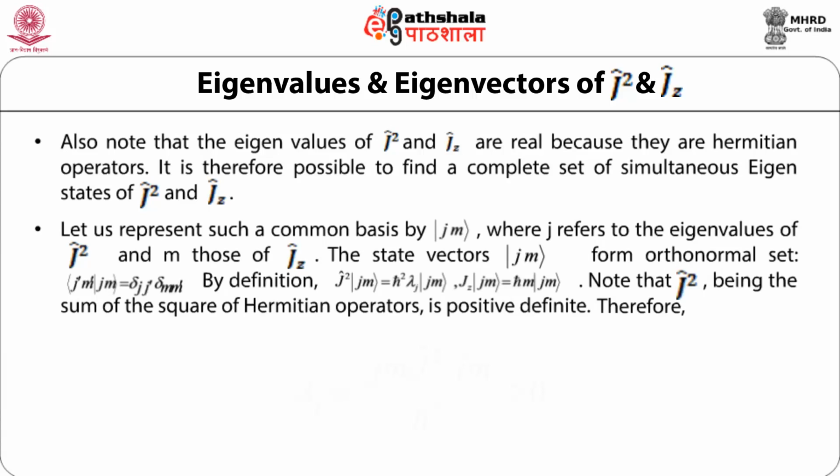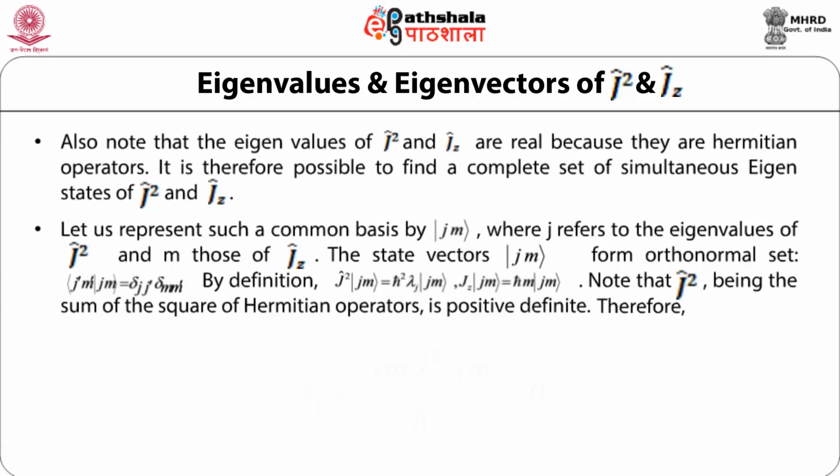So let us now represent such a common basis by the state |j m>, where j refers to the eigenvalues of the total angular momentum operator J squared and m refers to the eigenvalues corresponding to the operator J_z, the z component of the total angular momentum operator.